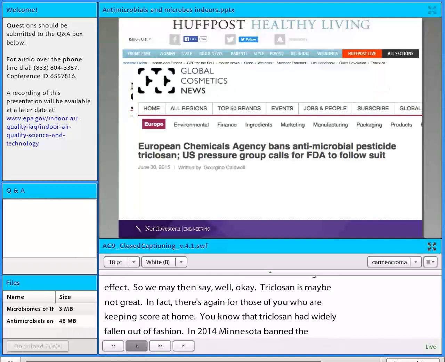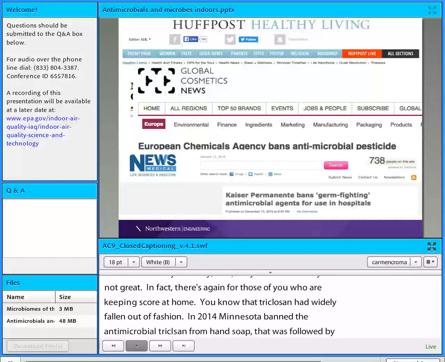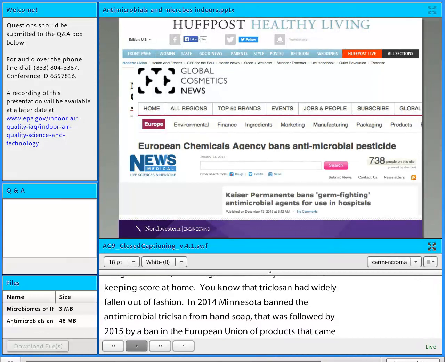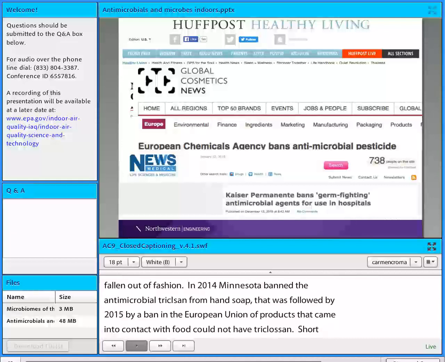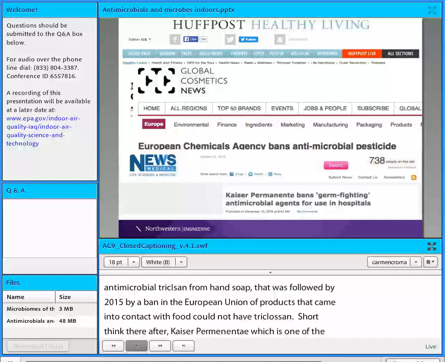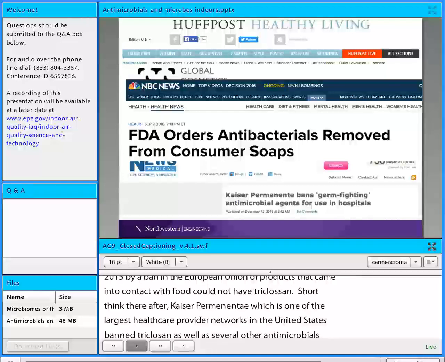That was followed in 2015 by a ban in the European Union on products that came into contact with food containing triclosan. Shortly thereafter, Kaiser Permanente, one of the largest healthcare providing networks in the United States, banned triclosan as well as several other antimicrobials from all of their hospitals and healthcare facilities.